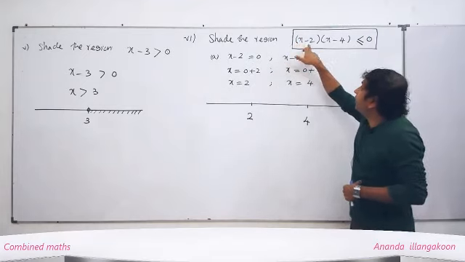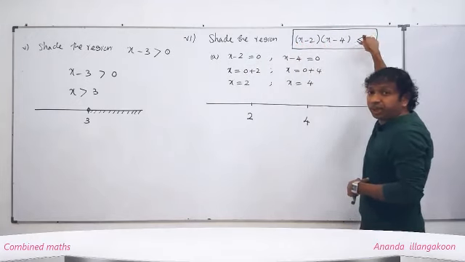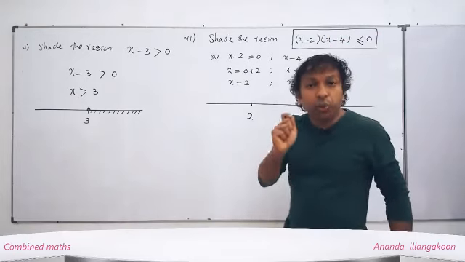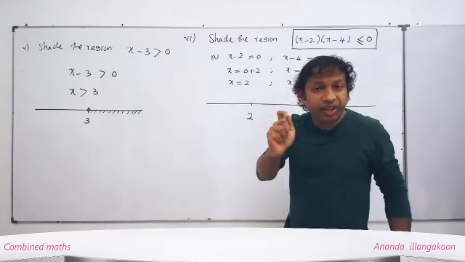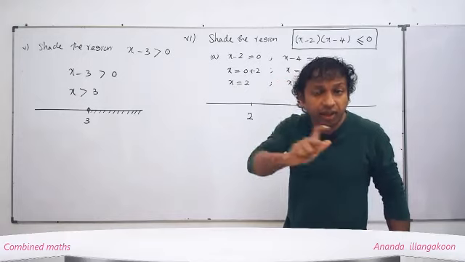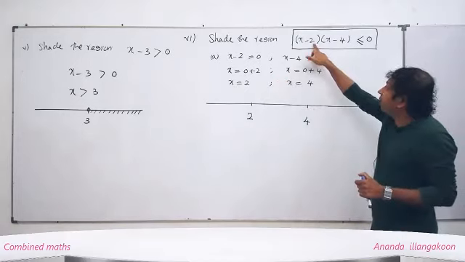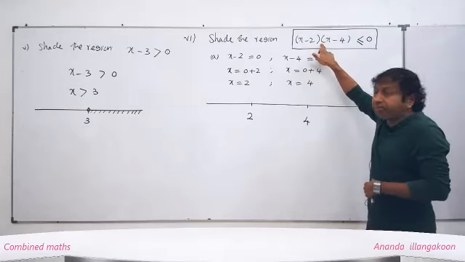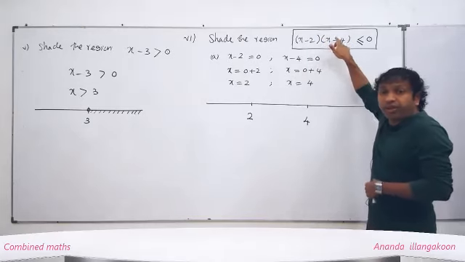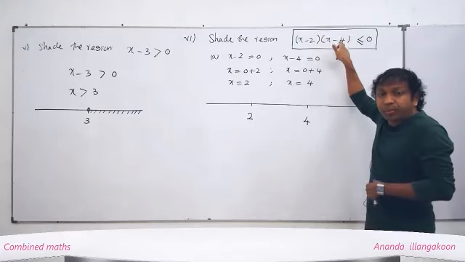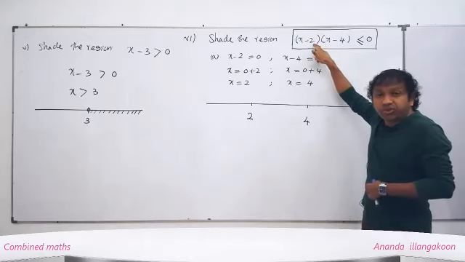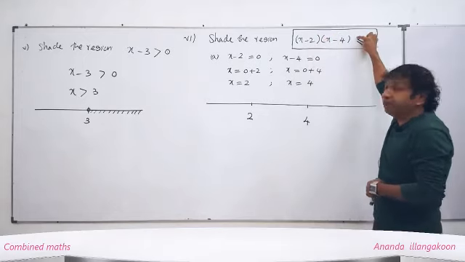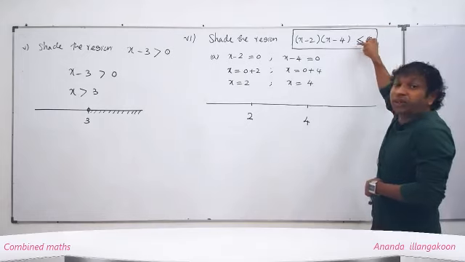Then shade the region (x minus 2)(x minus 4) less than or equal to 0 means the question is asking, when x is a real number lying on the number line, we subtract 2 from that real number, multiply it by the number obtained by subtracting 4, and that product should always be less than or equal to 0.